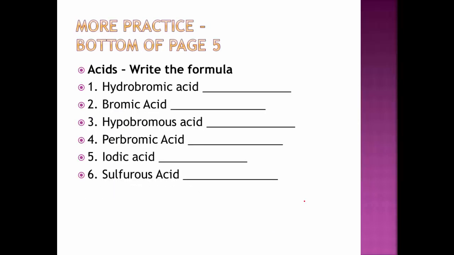All right, here's a couple more practice problems that we'll do together. Hydrobromic. So hydro something ic. My ride has hydraulics. So I need to think about bromide. Bromide is Br minus 1. Put it with hydrogen to get the acid, H+, becomes HBr. Okay, now bromic.